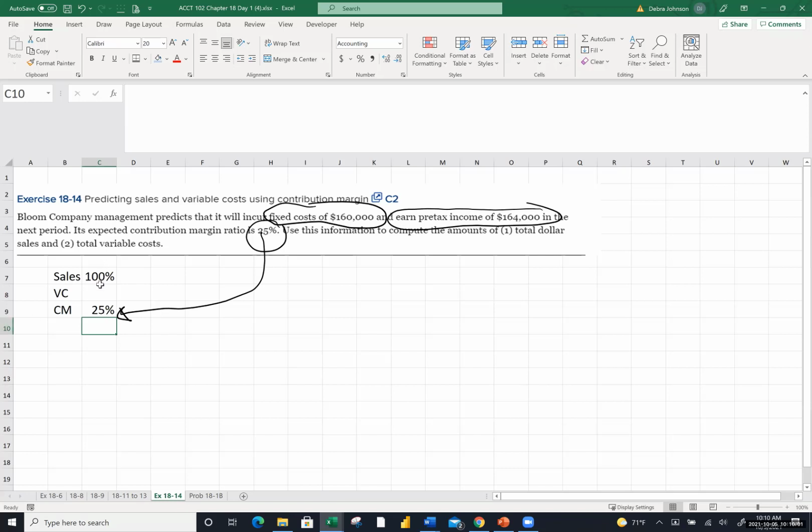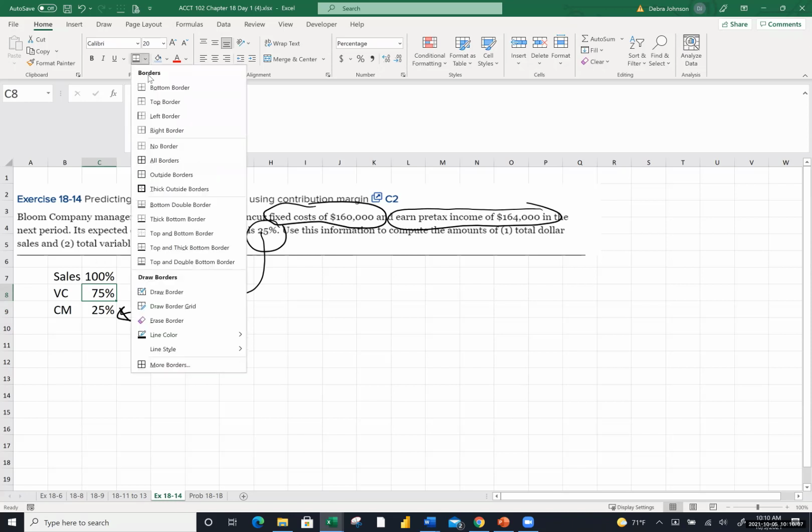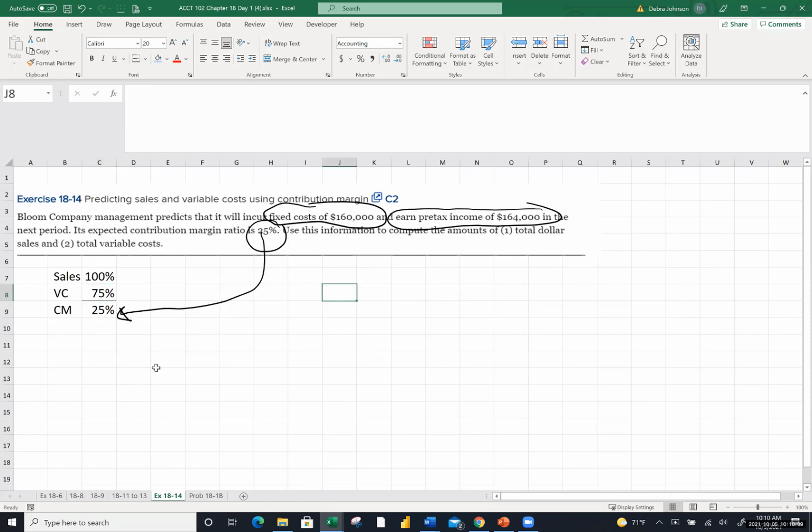Okay, that means indirectly they said it, this is 75%. We can tell that. Now, if we keep going down to the bottom line, if we take out fixed costs, we have net income. So use this formula to compute the total amount of dollar sales and total variable costs.